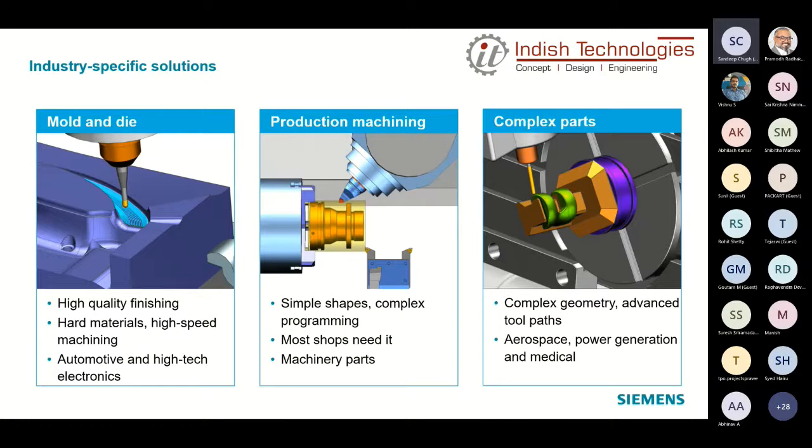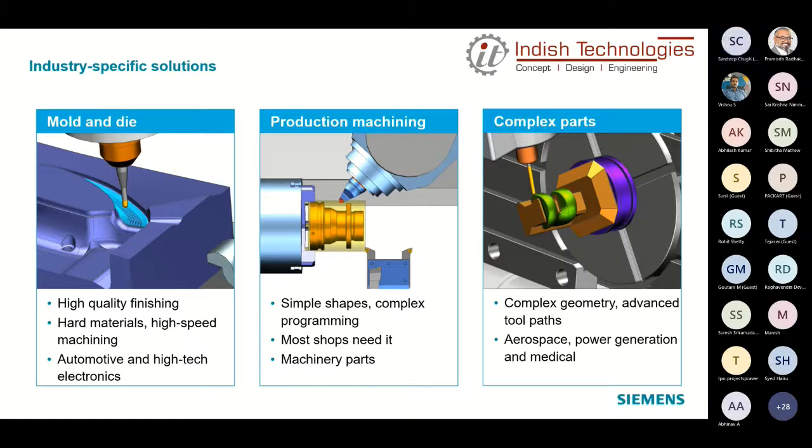NX CAM predominantly covers 3 segments: mold and die, production machining, complex parts. For mold and die, we don't have a choice. We have to have a CAM software, and NX has the edge.